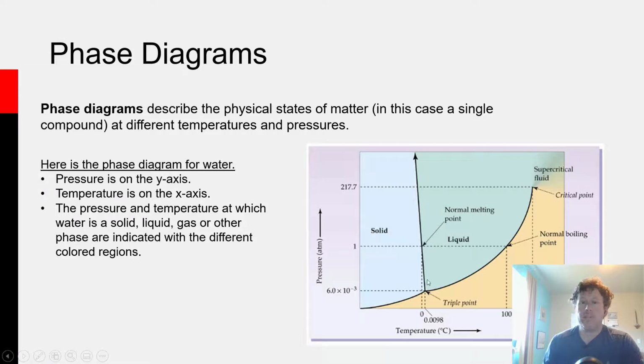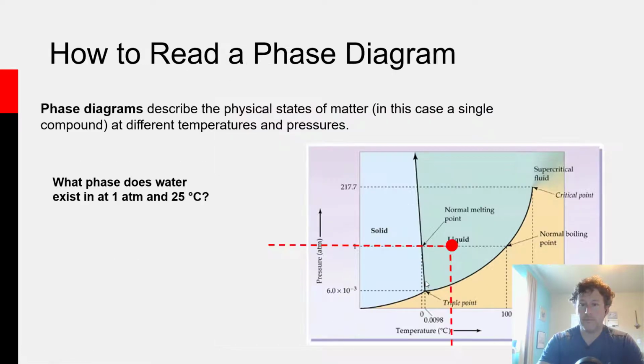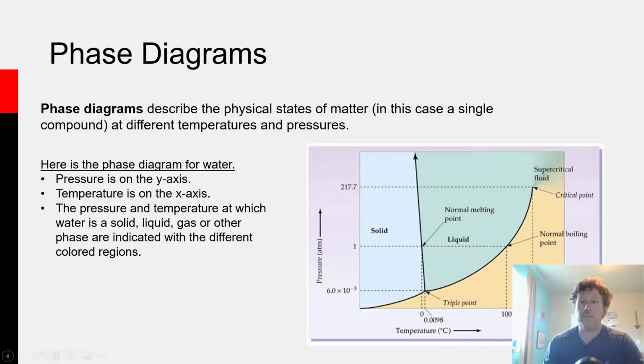A particularly useful phase boundary is the solid-liquid phase boundary. The solid-liquid phase boundary generally slopes right on a phase diagram, but sometimes, like in the case of water, slopes left.